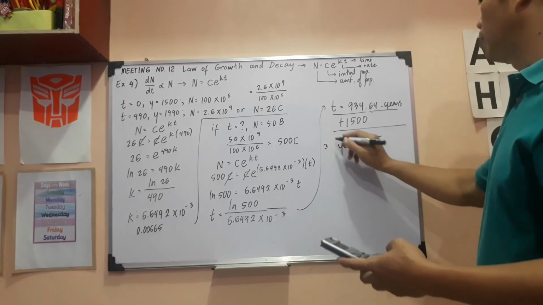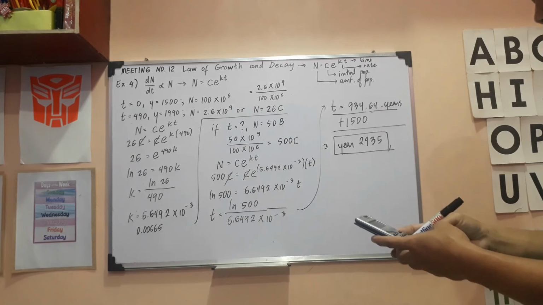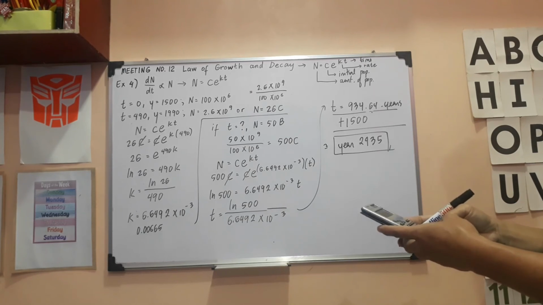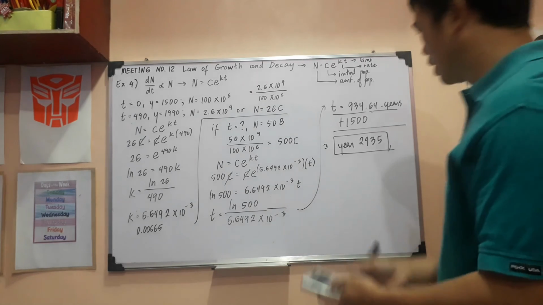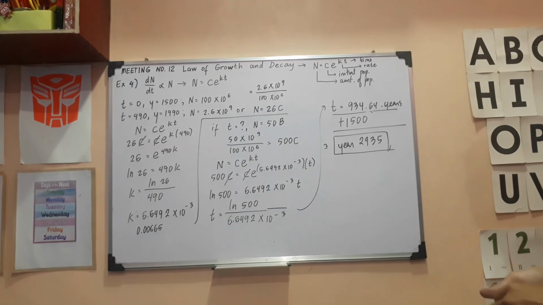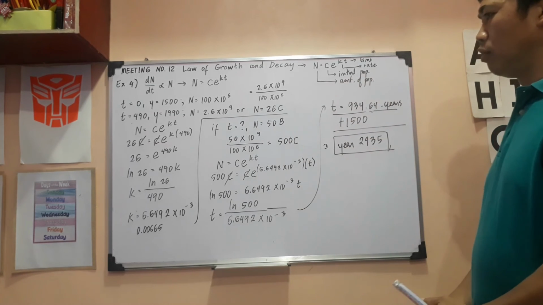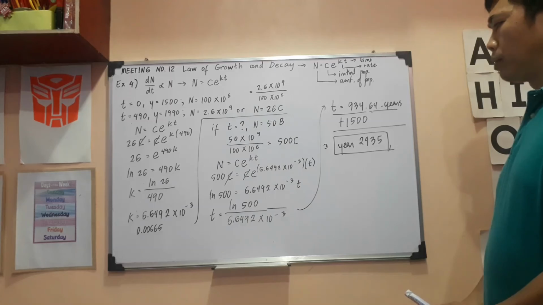Napakatagal pa. Imaginein mo, minus 2021 is almost 413 years from now, di ba? So, yan ang mangyayari sa atin kung patuloy yung law of growth and decay na hindi magbabago, no?